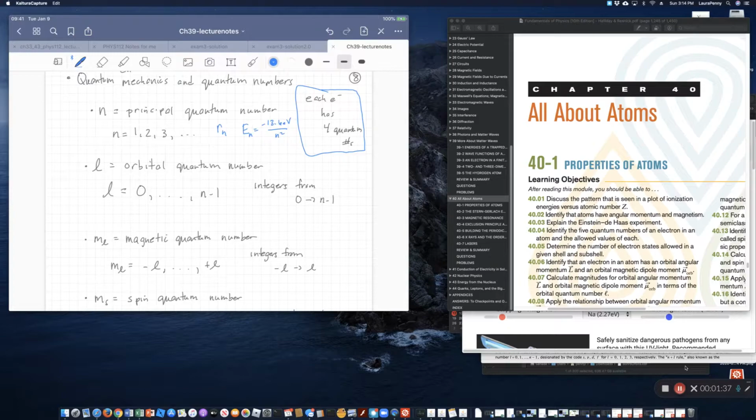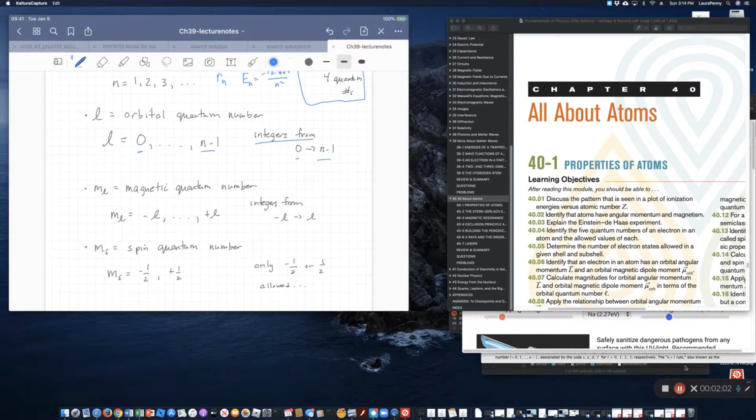L can range anywhere from 0 to n minus 1. They're integers, so L has to be an integer. For any particular electron, it will have an n, its principal state, and an L that can be 0, but it has to be less than n. So n minus 1 is the highest it can go. I'll do some examples here in a second.